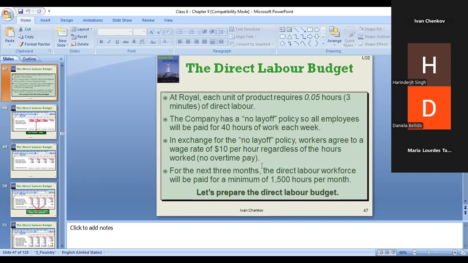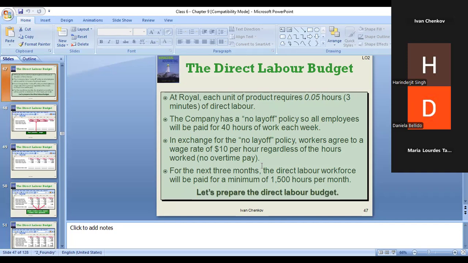The company has a no layoff policy, so all employees will be paid 40 hours of work each week. In exchange for the no layoff policy, workers agree to a wage of $10 per hour. There is no overtime paid.